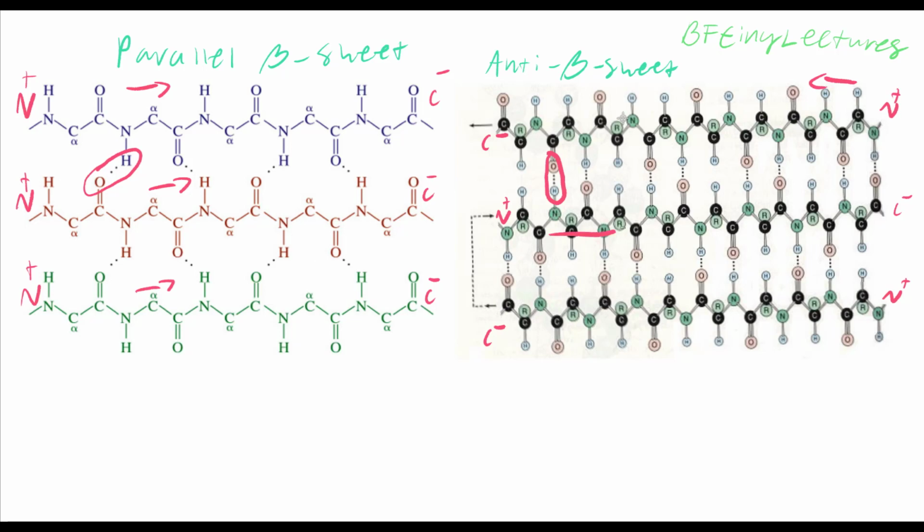Positive to negative goes like this, positive to negative goes like that. So overall, you have a zigzag formation. So this is going to be antiparallel. It's favorable. It's going to have more structure and more rigidity, more support. That's how you figure out which one is parallel and which one is anti. And remember that anti is the best beta sheet.